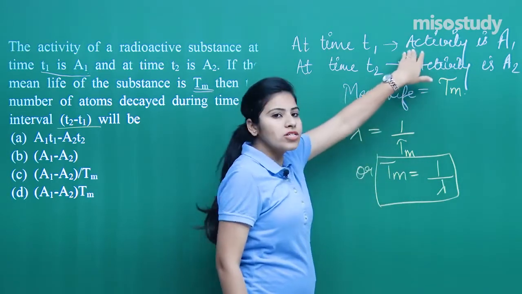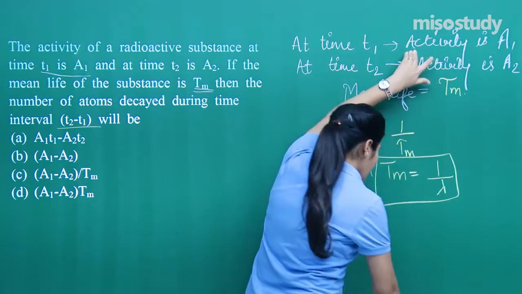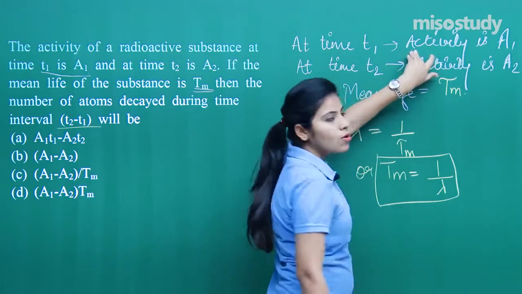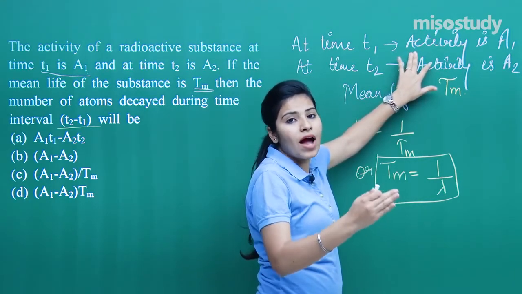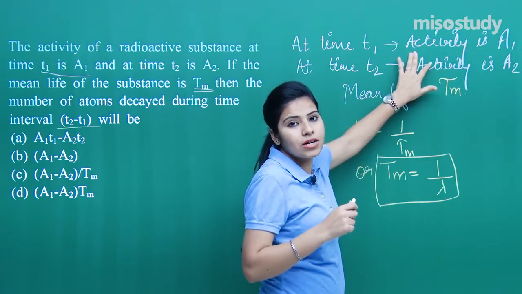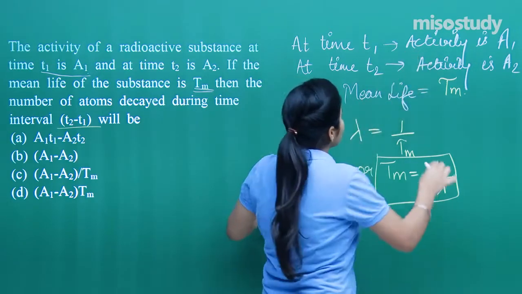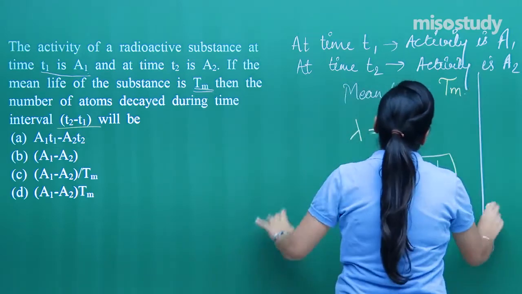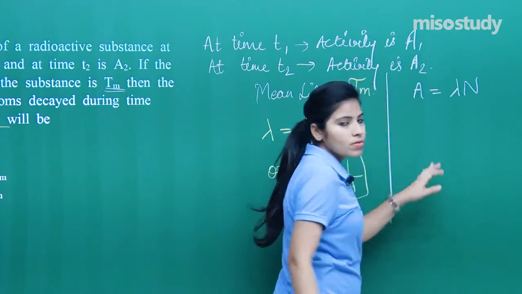Now in the question we have been provided with the activity, and you know we have one formula where we use the activity and the number of atoms that have disintegrated, or the number of atoms that are left with us. That formula is A equals lambda N.